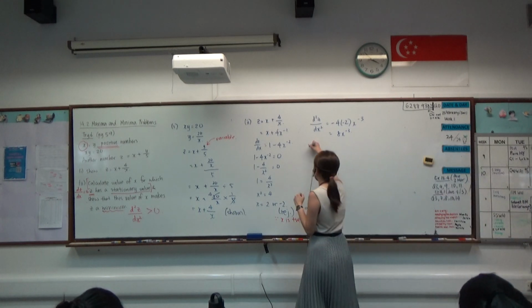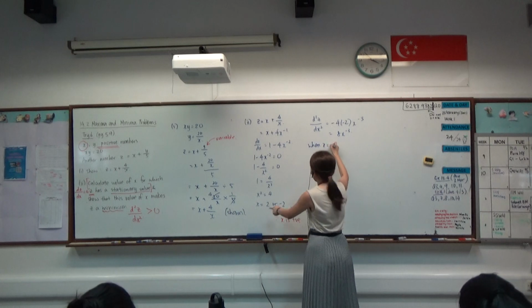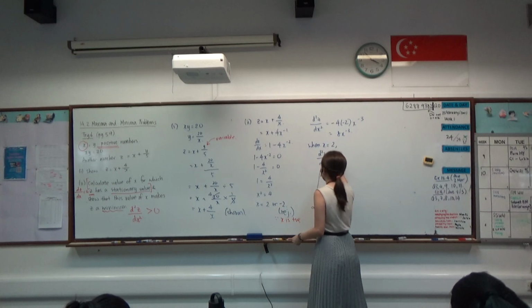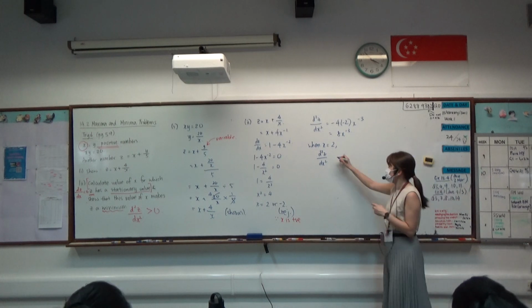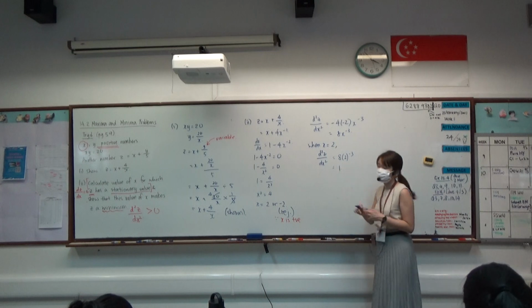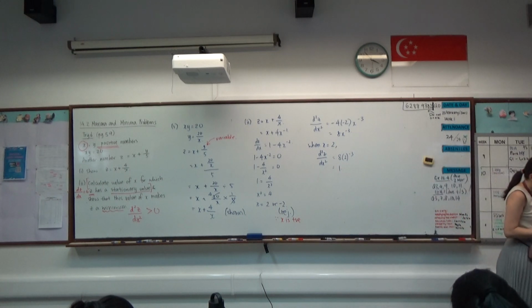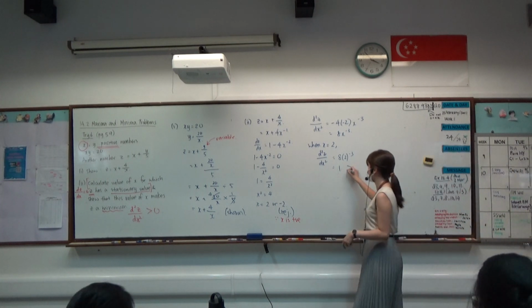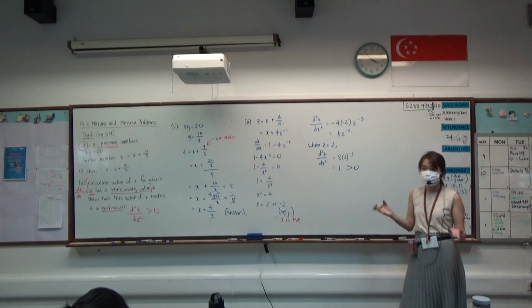We want to see that when x is equal to 2, we determine the value of the second derivative, which is equal to 1, which is positive, and that is expected.